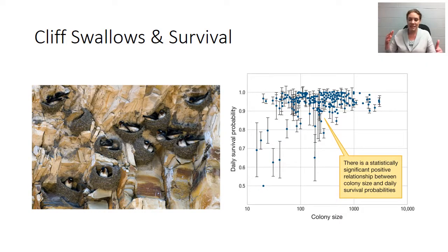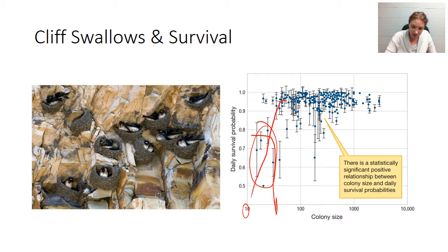Our last example are these little cliff swallows, and these are little birds that tend to live together in social groups. What's interesting is that we can track their survival, and the smaller groups that only have maybe 10 birds or so, you'll notice their survival in the 10 to 50-ish range is somewhere between 50 to 80%. Crappy. The larger your colony gets, the better your survival gets.